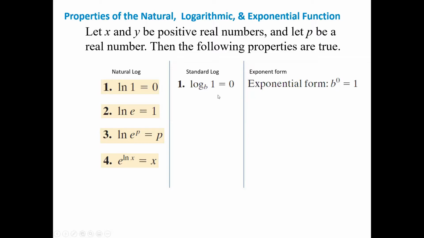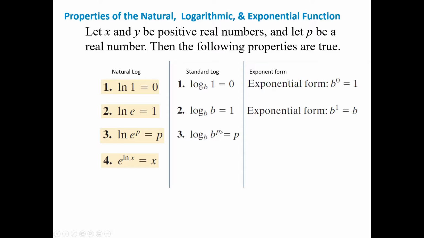Okay. Why is this true? Because if we change this to exponential form, 0 is the power, b is the base, and the argument is the solution. Log base b of b equals 1. Here's the exponential: anything to the first power is itself.